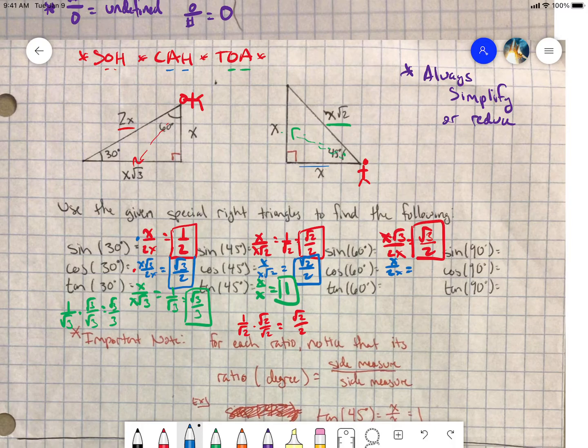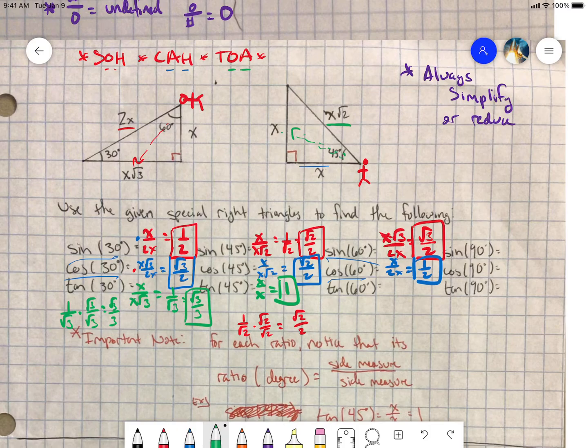What does x over 2x equal? 1/2. All right, so again, you can see that sine of 30 and cosine of 60 have the same value. Likewise, cosine of 30 and sine of 60 have the same values. Okay? Again, I just want you to notice that. I'm not going to go into much detail about it.